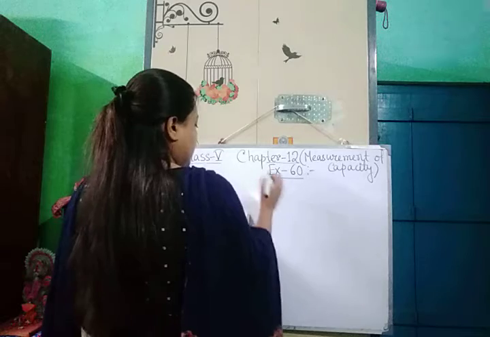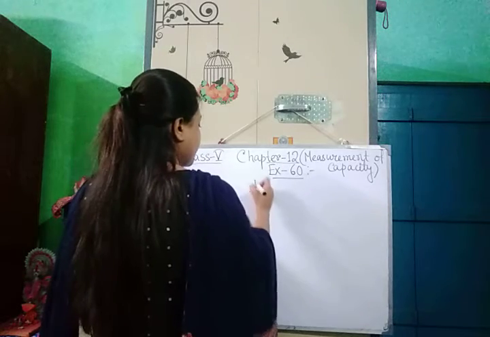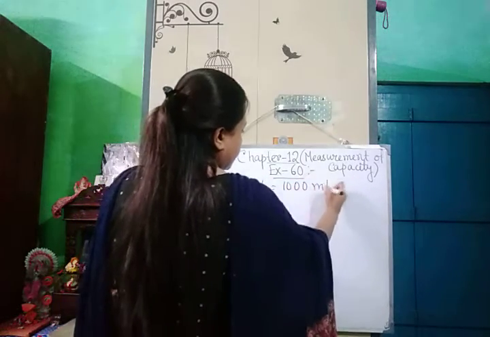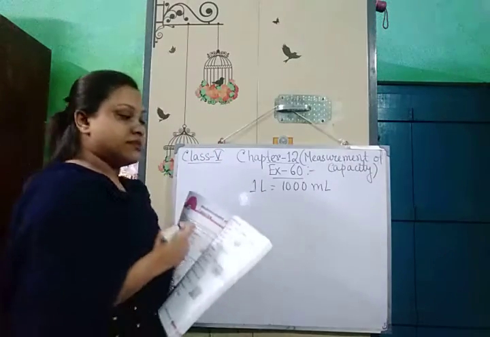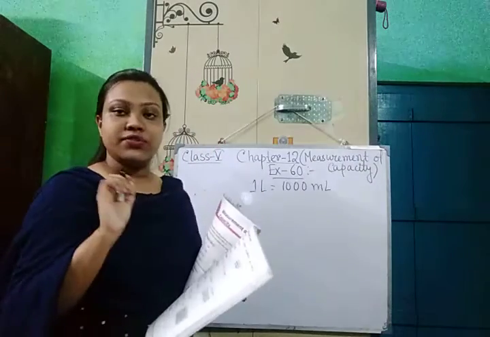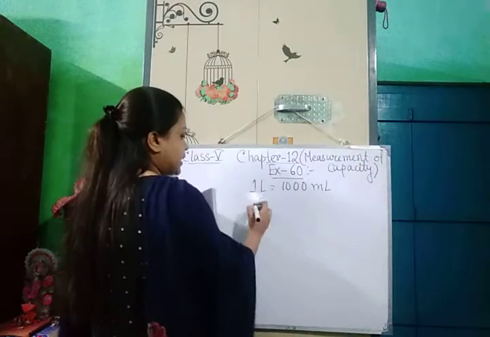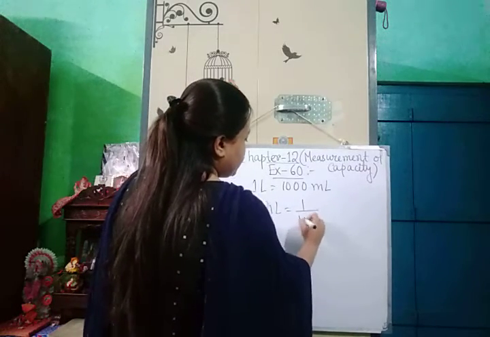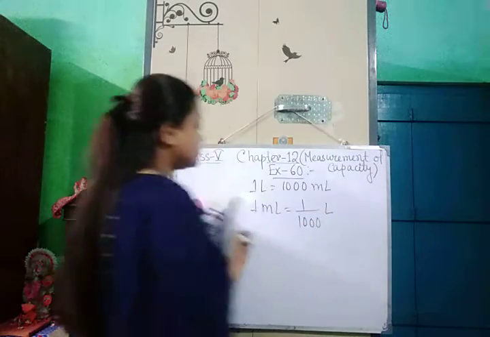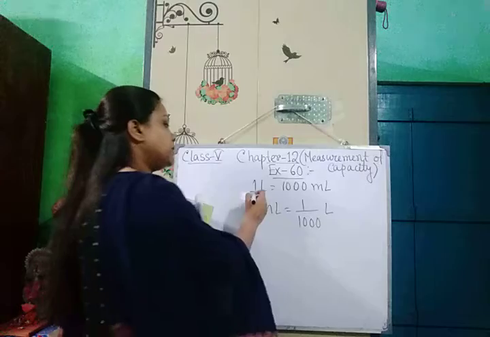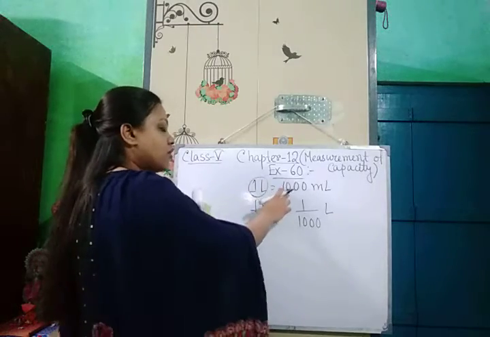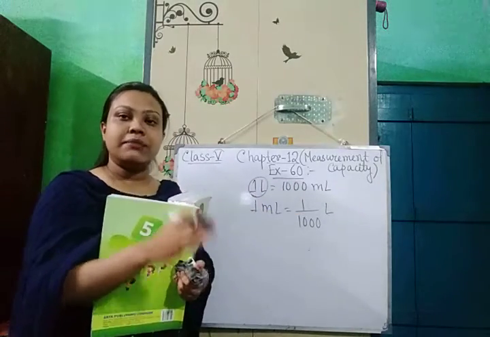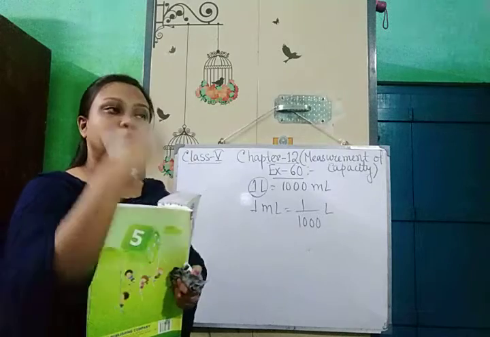The relation between ml and liter is 1 liter equals 1000 milliliter. 1 L equals 1000 ml. That is the relationship between liter and ml. Also you can write it as 1 ml equals 1 by 1000 liter. That means when liter is given, you can multiply it by 1000 to get ml.